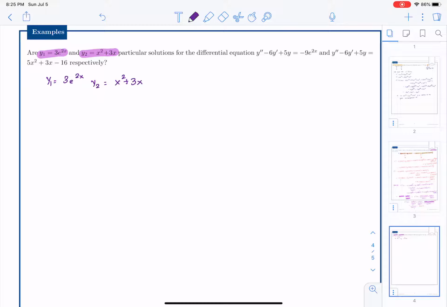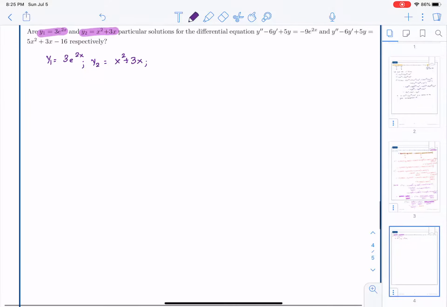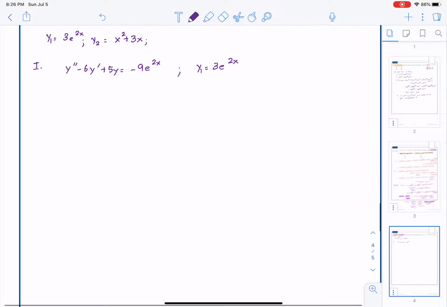So no constants, so they are particular solutions. So the first DE that we have is y double prime minus 6y prime plus 5y equals negative 9 e raised to x. And the particular solution corresponding to that DE is 3 e raised to x.